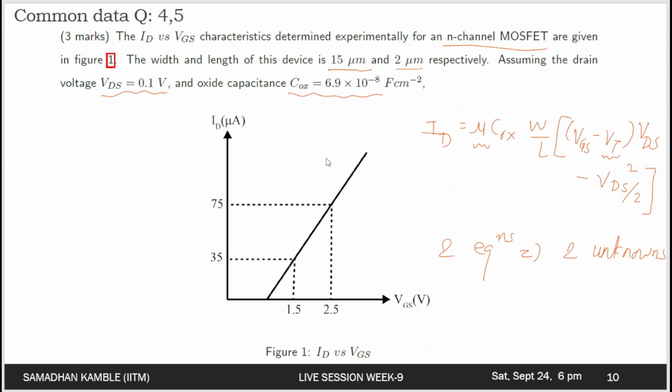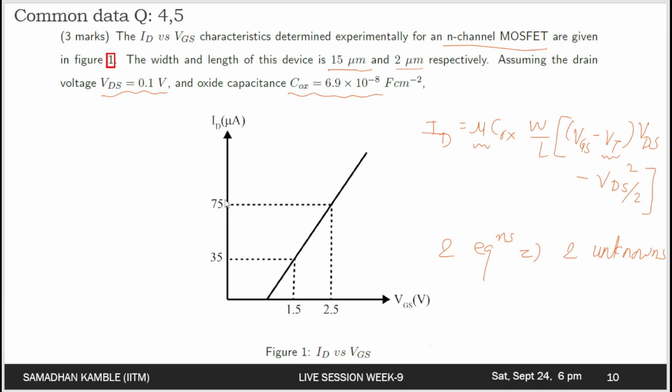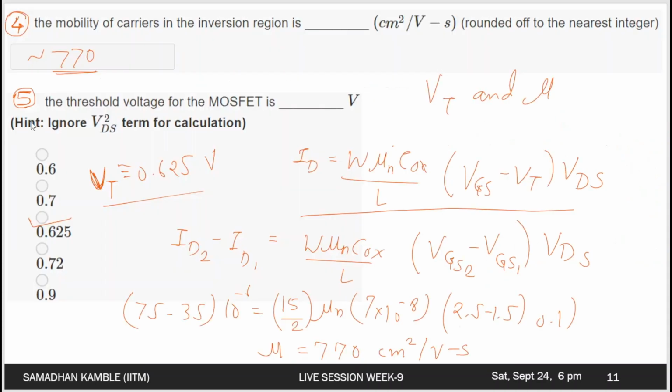So we have made two equations and we used both values of ID corresponding to the values of VGS, and we then subtracted equation number 1 and equation number 2. For one value of ID, which corresponds to, let's say, 2.5 volt, we will get one equation. Similarly, for another value of ID, we will get another equation. When we subtract those equations, that is ID2 minus ID1 for VGS2 minus VGS1, we'll get this particular relation.